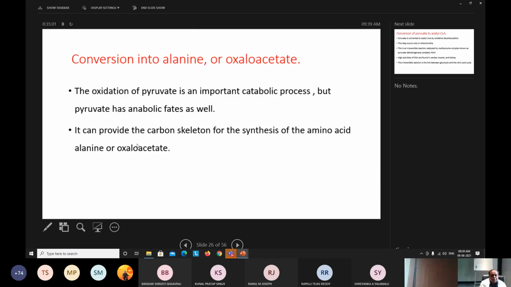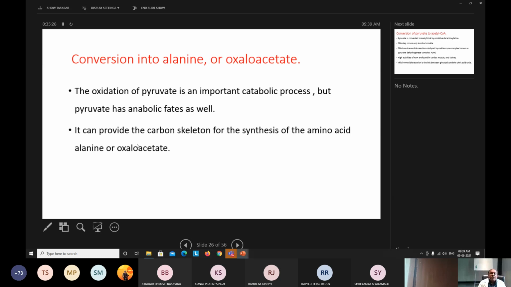The second one is the conversion into alanine or oxaloacetate. The oxidation of pyruvate is very important in catabolic reactions, and pyruvate has anabolic fates also, not only catabolic.